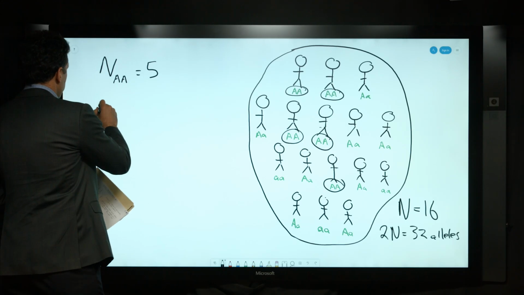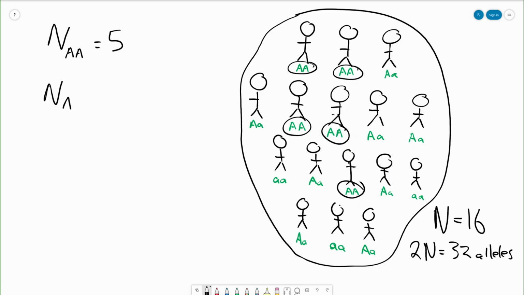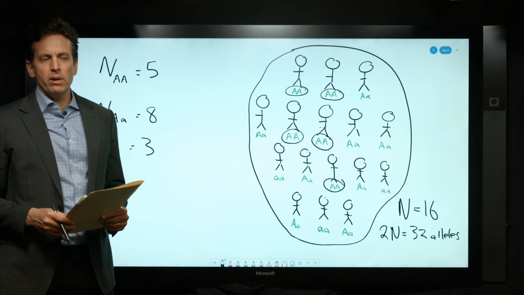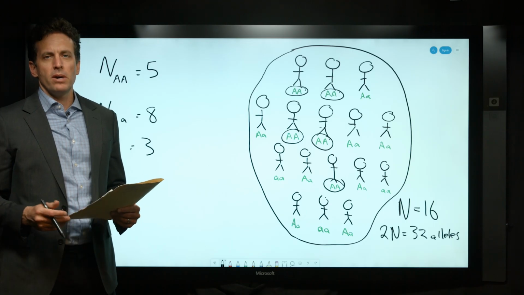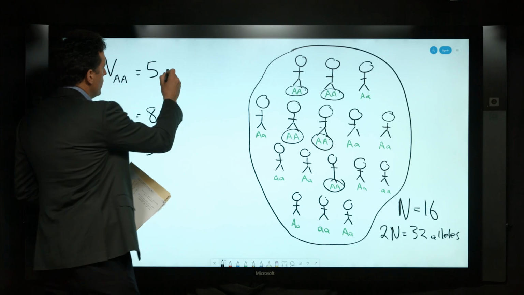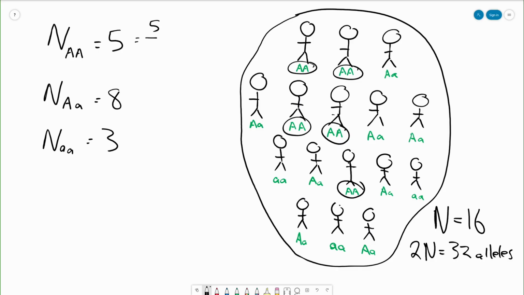Let's do that for our other genotypes as well. So for the heterozygote, big A, little a, we have 8 of those. And for the homozygote, little a, we have 3 of those. And of course, now what we'd like to do is quantify the frequencies of those genotypes. So we just divide by the total number of genotypes in the population, which is the number of individuals. And so this is going to be 5 divided by 16, which is equal to 0.31.